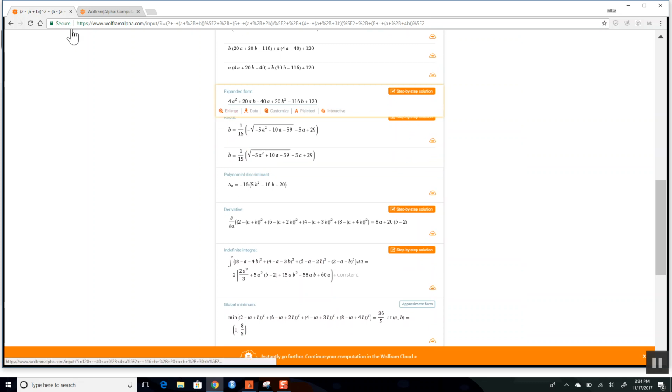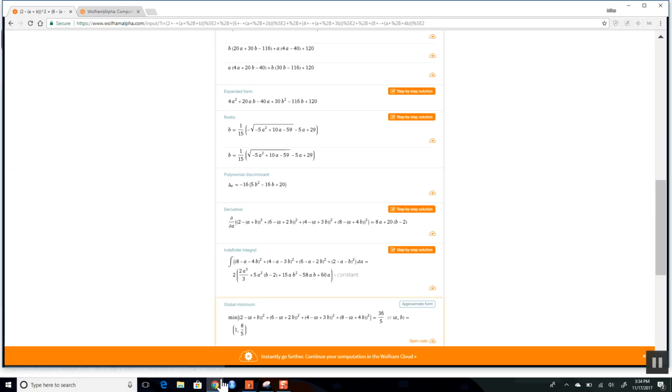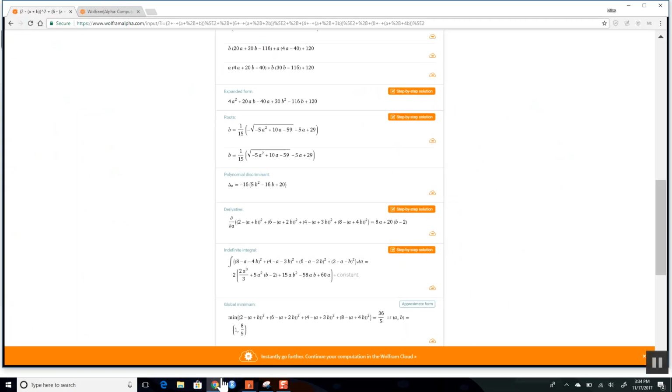It's 4a squared plus 20ab minus 40a plus 30b squared minus 116b plus 120.